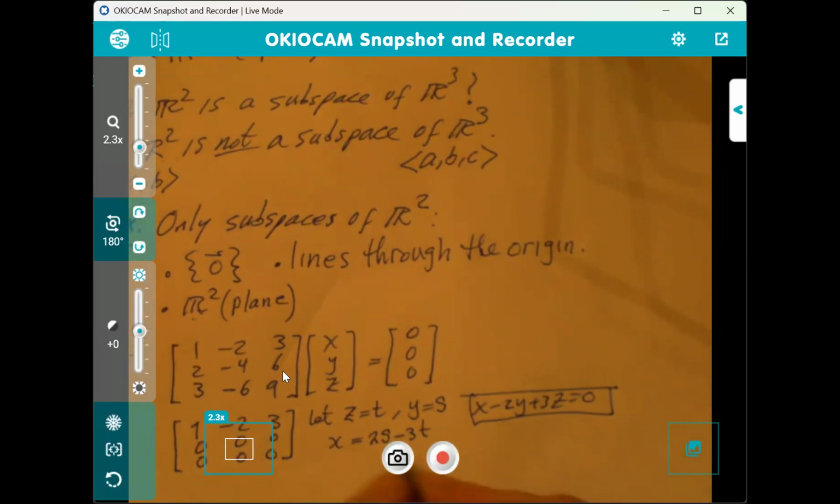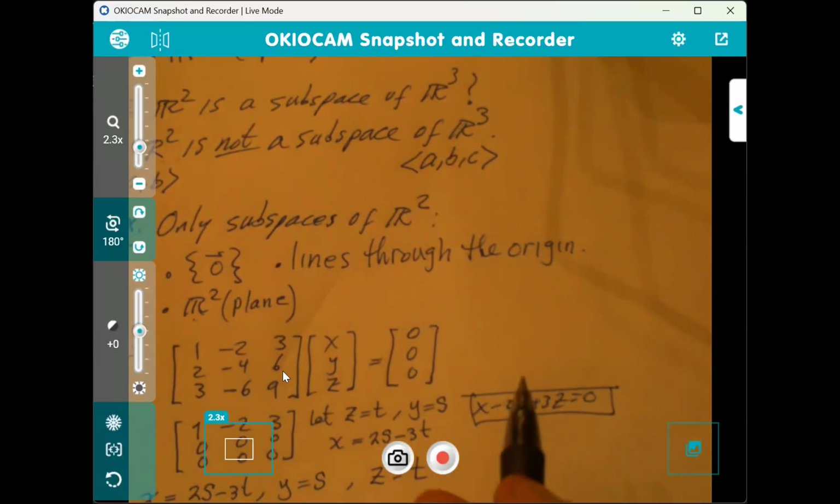Now, therefore, my solution looks like this. x is 2s minus 3t, y is s, and z is t. Okay, now this comes from your third semester calculus. In Calc 3, we recognize this parametric form.